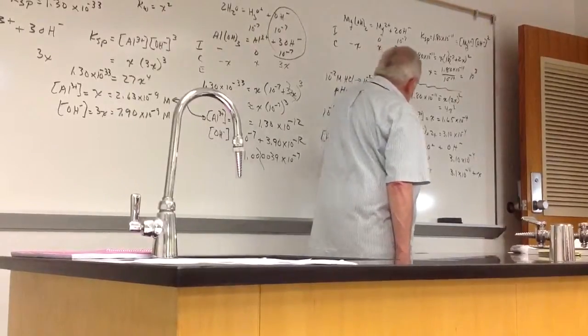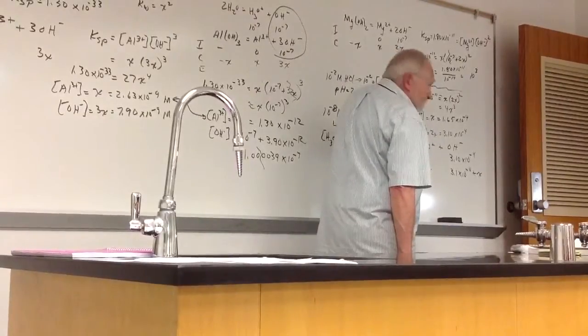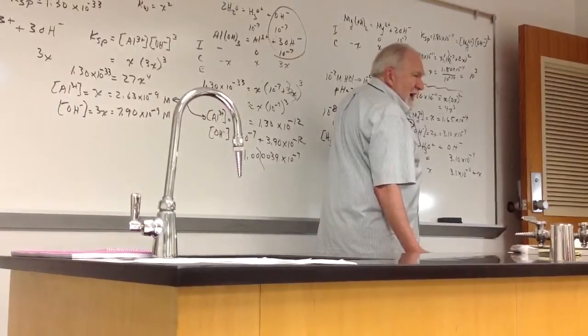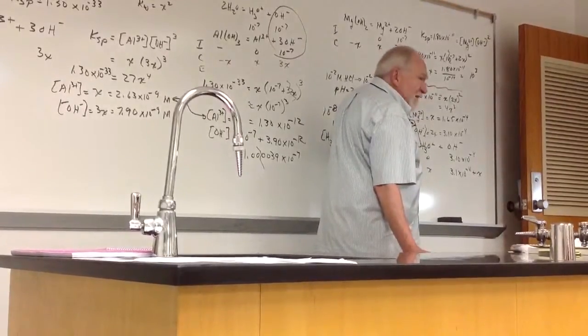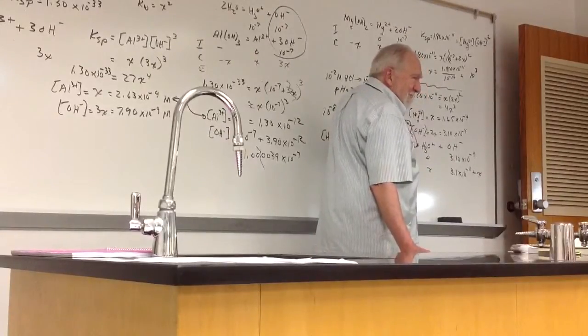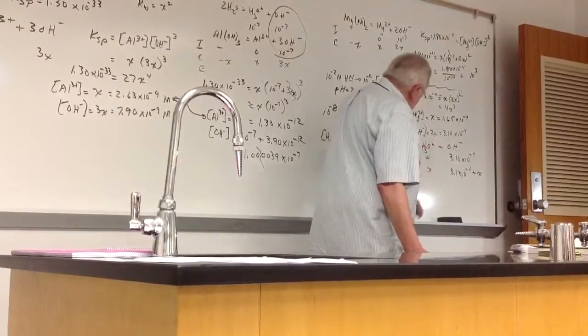And I said, okay, here's my approximate solution. This is the hydroxide ignoring the water. Then I want to find out how much hydroxide ion I should really have if I don't ignore the water. So I started off putting in the KW for water.